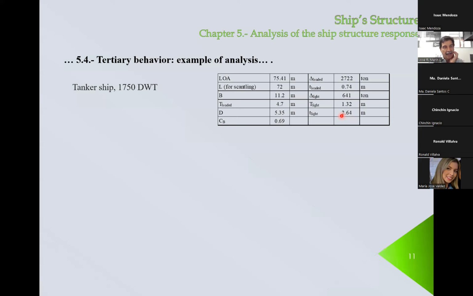So that 1.32 is going to be reduced on the forward end and will be added at the aft end. So how much will it give you at the forward end? 2.64. No. That will give you 0.